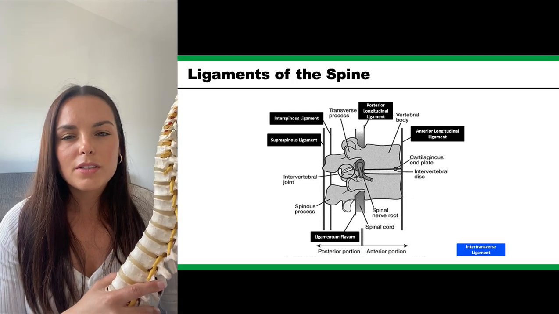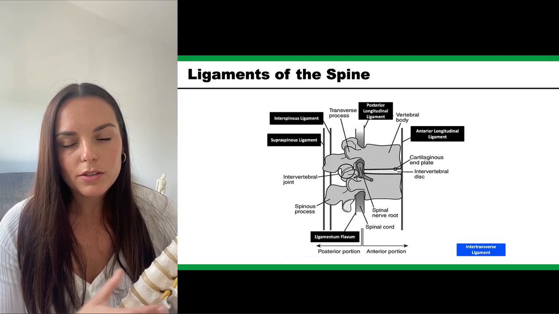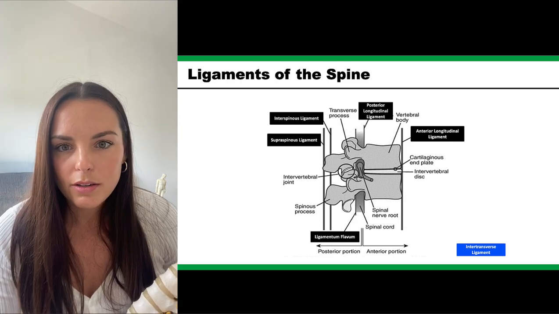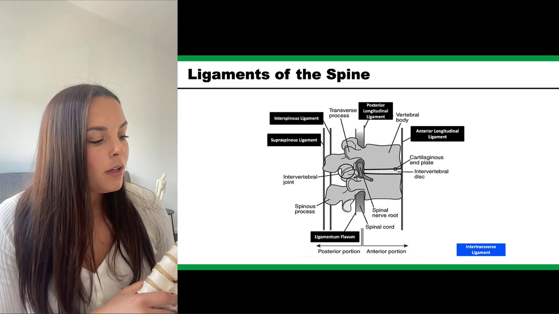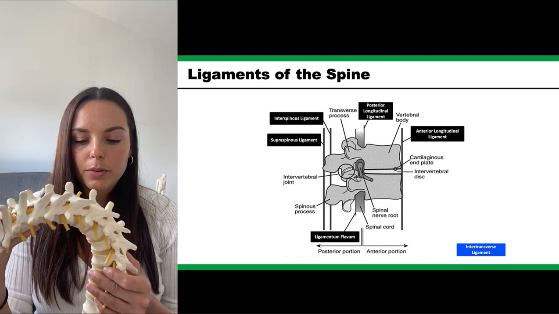Whilst it's saying bears the greatest strain, really this question means which ligament is getting pulled tight in this action. The next one is flexion, so bending my spine forwards.